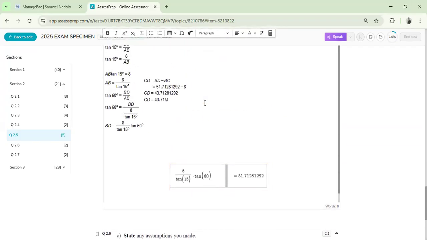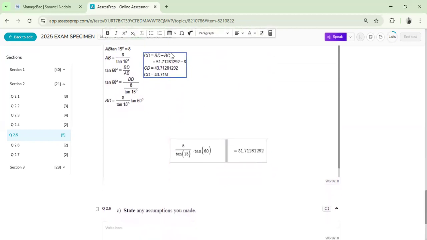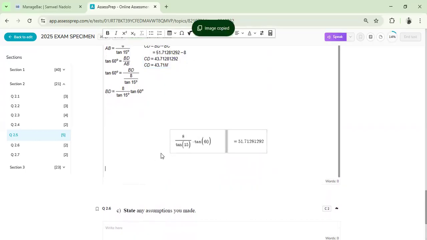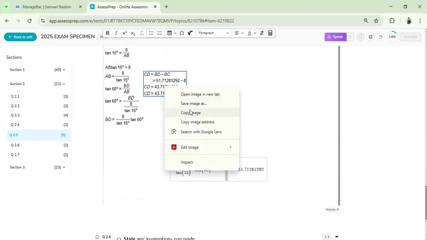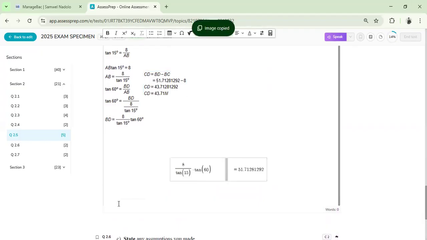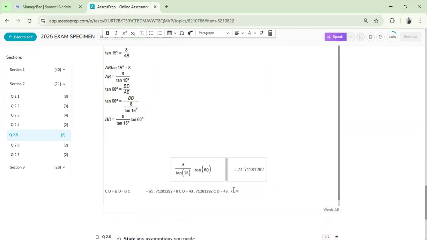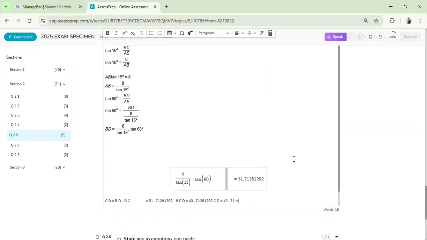Then I copy it down there. Okay, it has refused to copy, so we might move it by dragging it down, and you can have your answer as that. If you write your answer as that, then you are good to go.